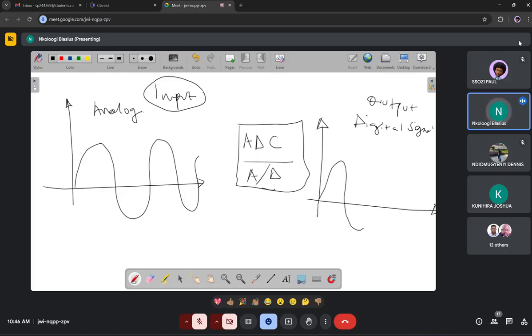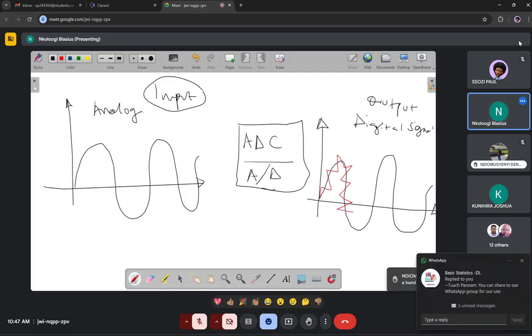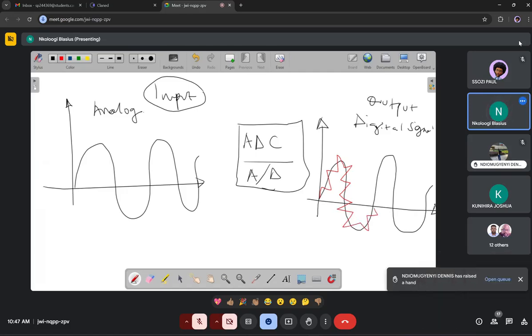The signal was this originally, but when they process it in digital, it is just like steps, and these steps are what we call the zeros and ones. So when you see me bring the marker down, it means that is a zero. When I take it up, it is a one, down a zero, up a one, down zero, like that. So you see, I'm trying to redraw or guess the path of the analog signal.